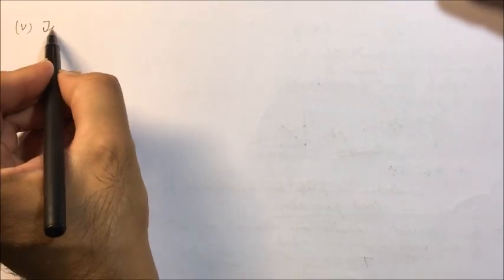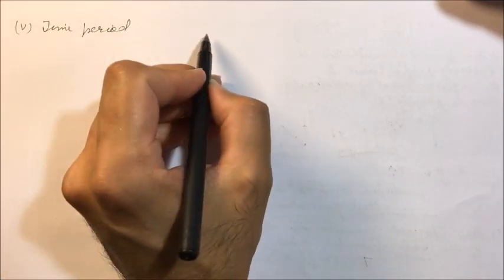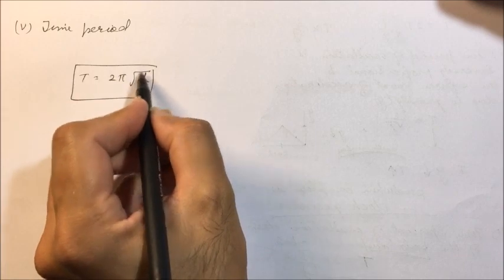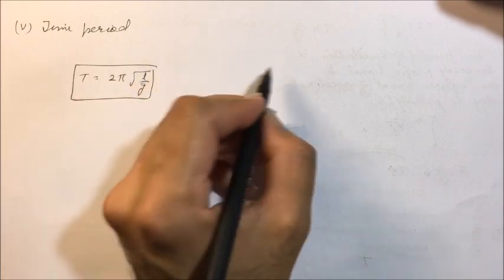Now let's see whether the time period depends on the amplitude. The expression was T equal to 2 pi root of L by g. Here we can see there is no factor of amplitude of the oscillation.